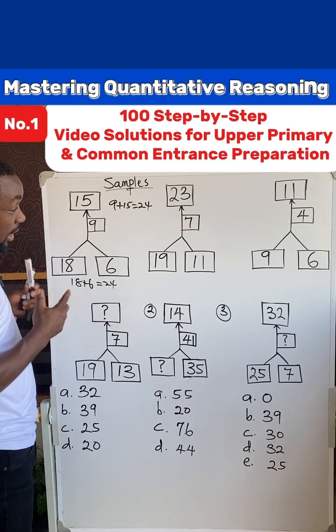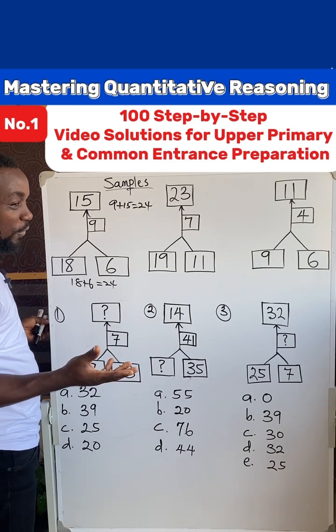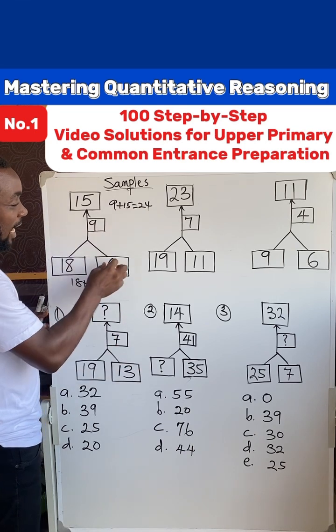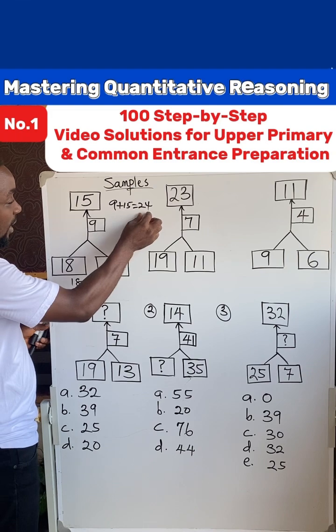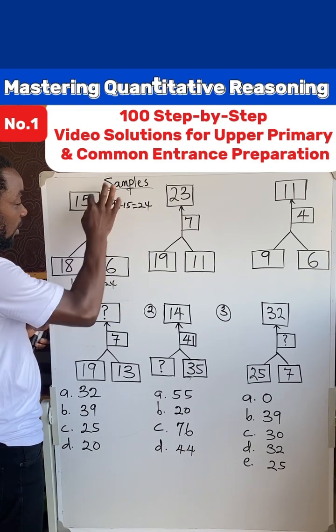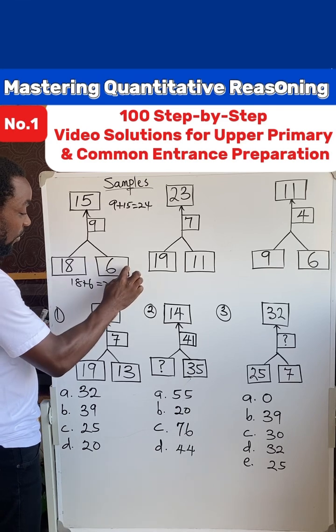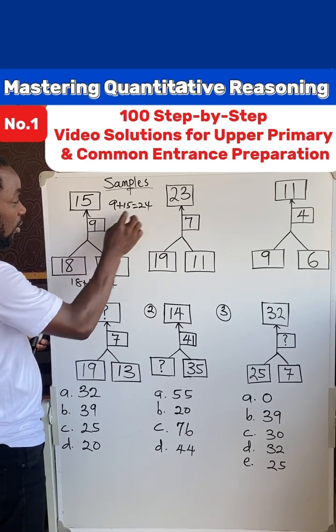Wow, could that be the logic? That could be, but it is not enough yet because I haven't tested the other samples. I have this pair of boxes adding up to 24, and this pair of boxes adding up to 24.